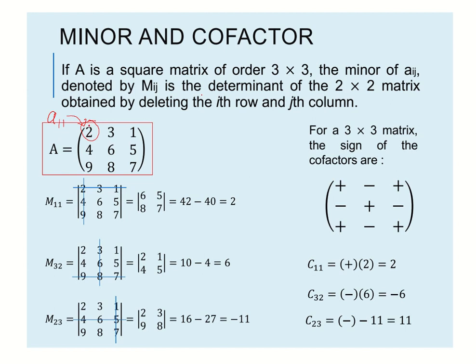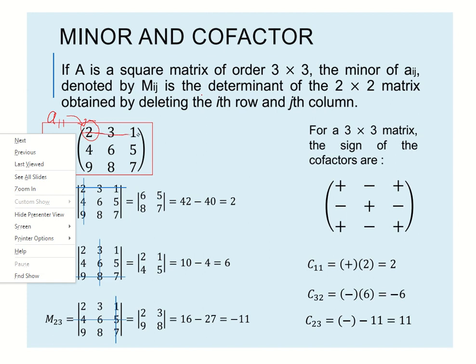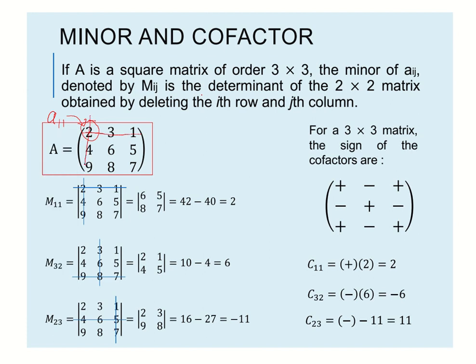To find the minor for this element, we delete this row and delete this column. After we delete the row and the column, we have a smaller 2 by 2 matrix. We use this matrix, 6, 5, 8, 7, to find the determinant.